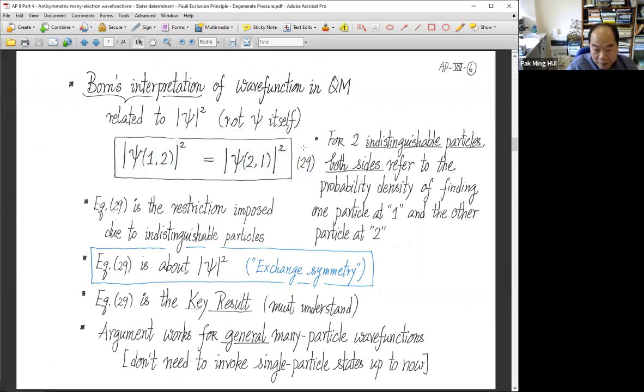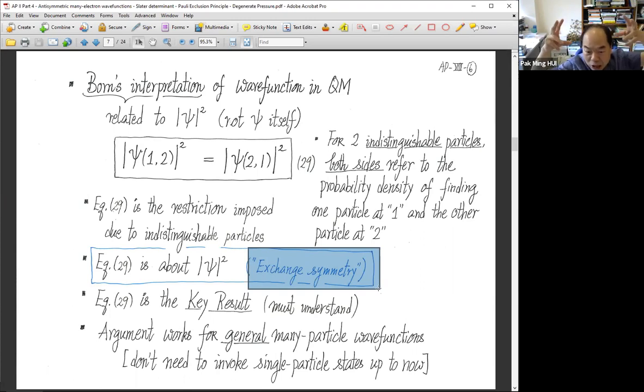This requirement is called exchange symmetry. By exchange, I hope now you understand. I'm taking two indistinguishable particles. The location here, I interchange the coordinate, okay? If it has spin, I also interchange the spin. This up go here, the down go there, things like that, okay?